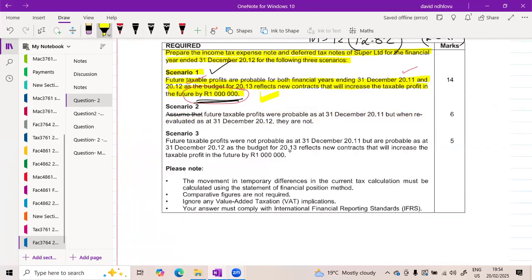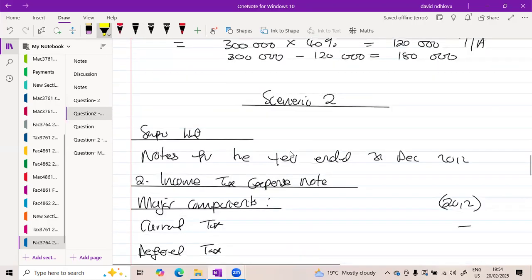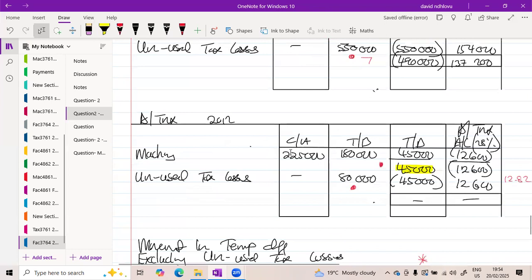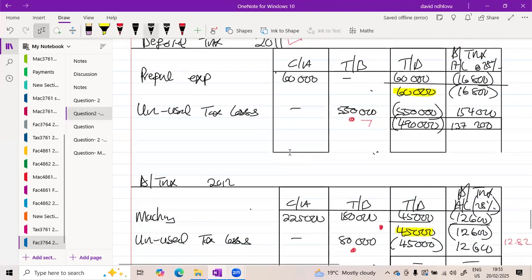They said assume that future taxable profits were probable at 31 December 2011. So since the profits were probable, what does it mean for your calculation? It means you can go ahead and recognize the full amount, which is what we did today. We said 0 and at 550, we recognize the full 550,000. Are we clear? Yes.